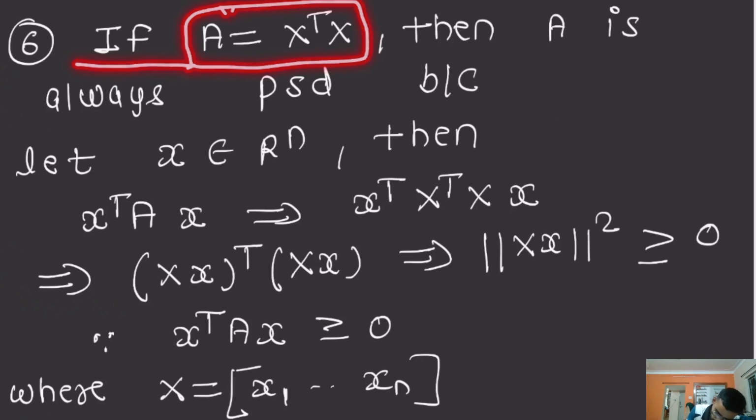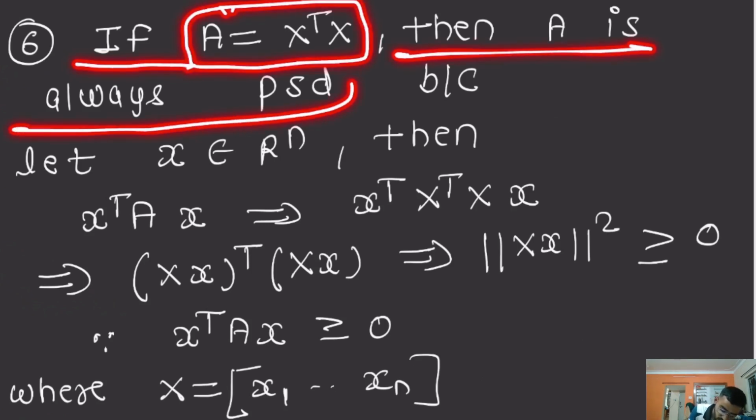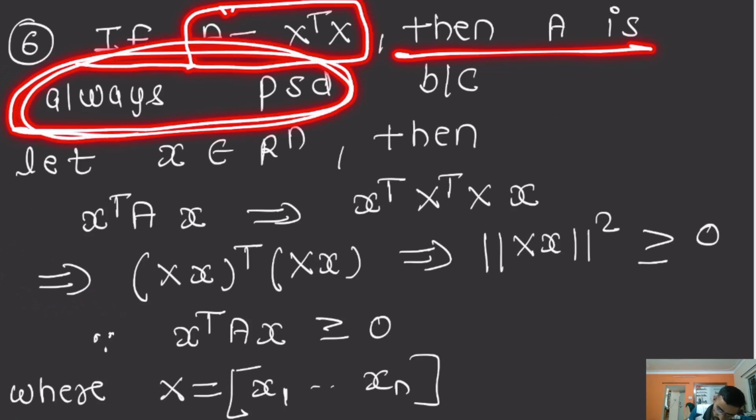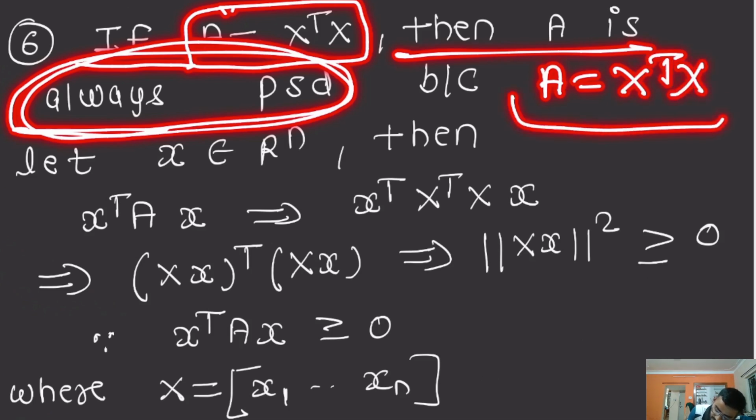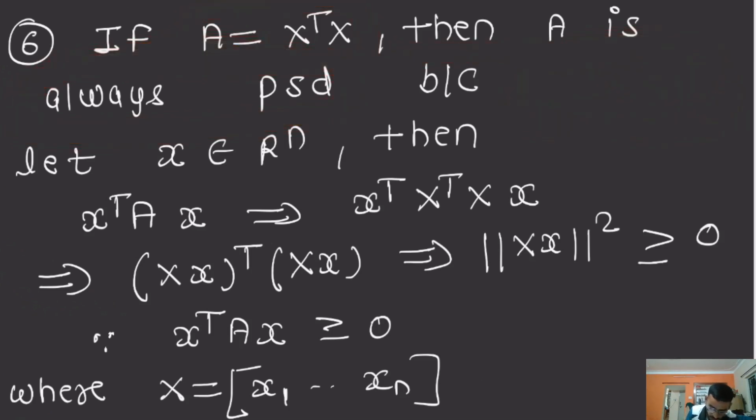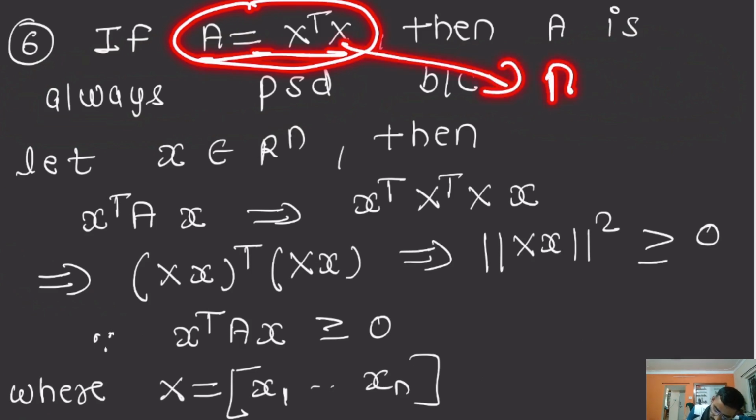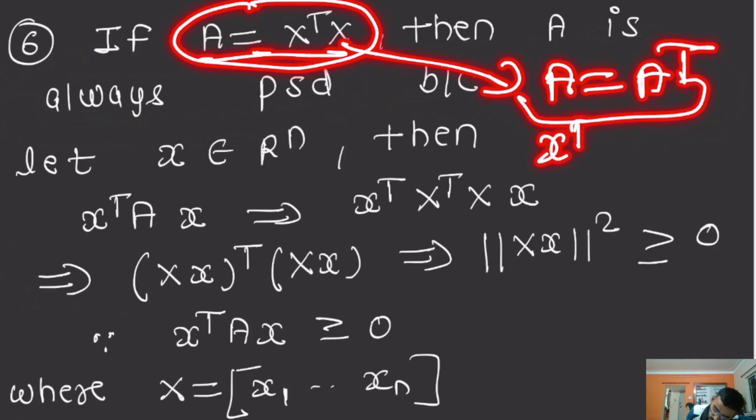Okay. So next, if A can be written in this form, A = XᵀX, then A is always positive semi-definite. Okay, this is the important thing. Why? Because as we have seen, if A can be written as XᵀX, then A is symmetric, A equals Aᵀ. Now we need to check whether xᵀAx is always greater than or equal to 0 or not.